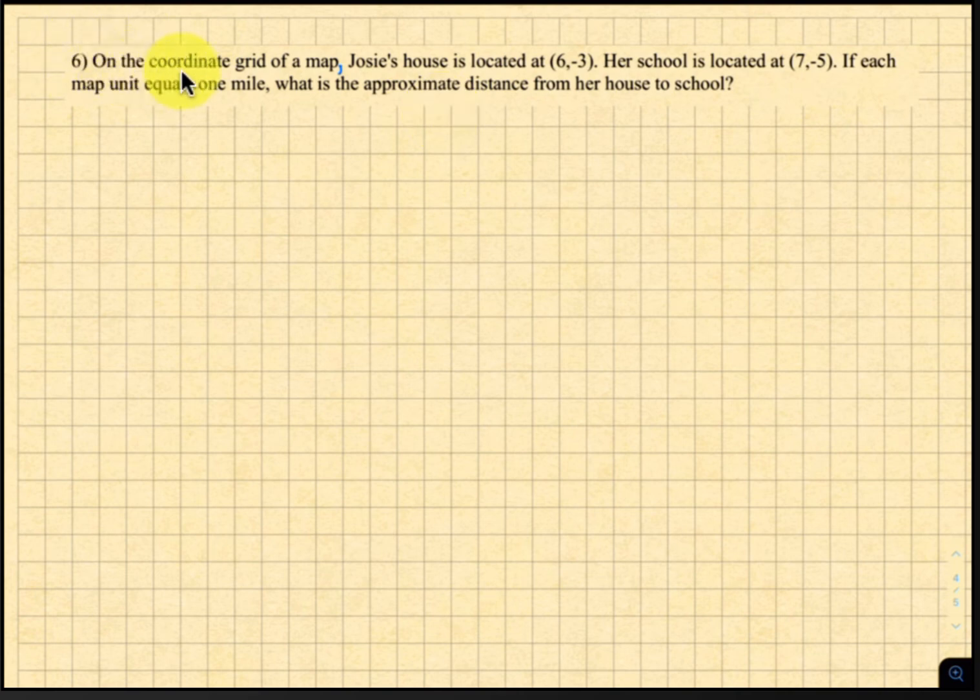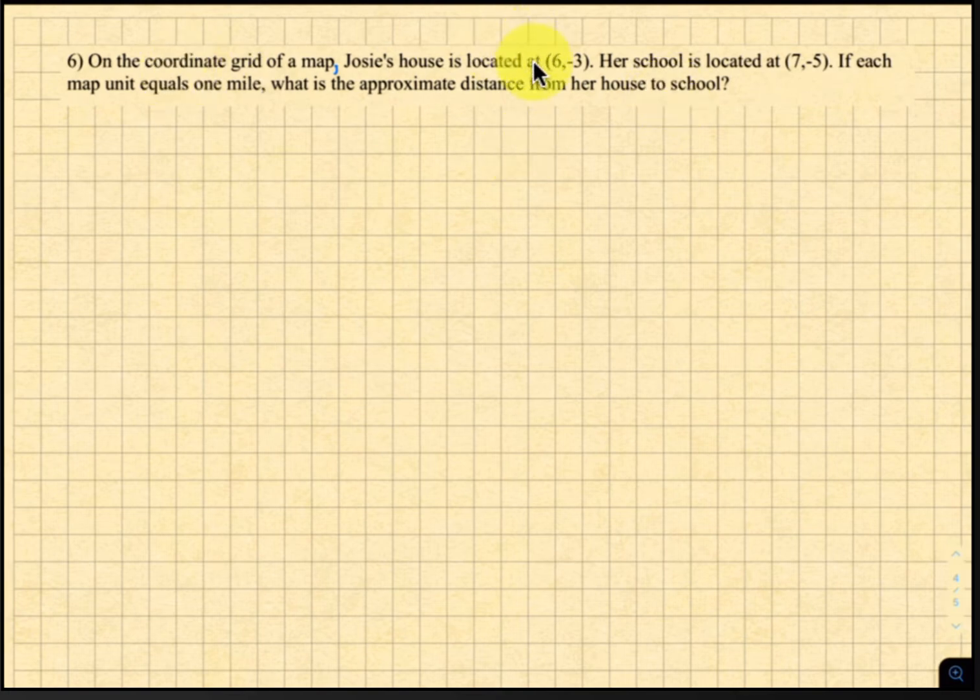Number 6. On the coordinate grid of a map, Josie's house is located at (6, -3). Her school is located at (7, -5). If each map unit equals 1 mile, what is the approximate distance from her house to school? Well, let's go ahead and label the points. (6, -3) is x1, y1. (7, -5) is x2, y2.